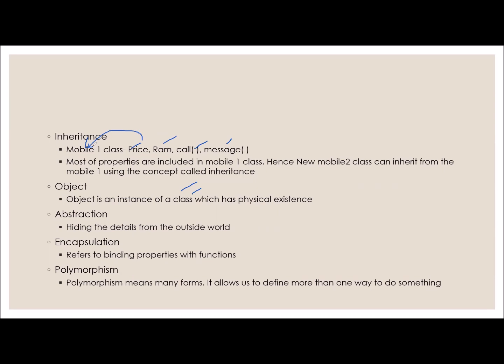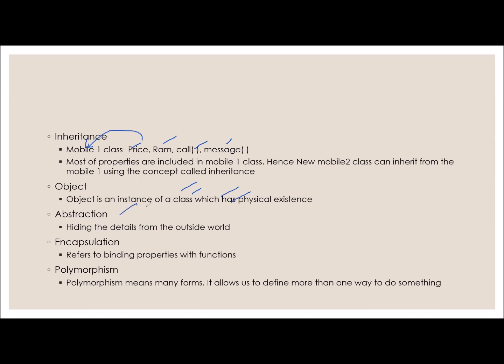We say one person has very good capability in programming and in practical applications. So we are defining the capability of the person, but when we go to that person, he is an object. Object has physical existence. That is the difference between object and class. Class is defining that object, but the object has physical existence, class has no physical existence.